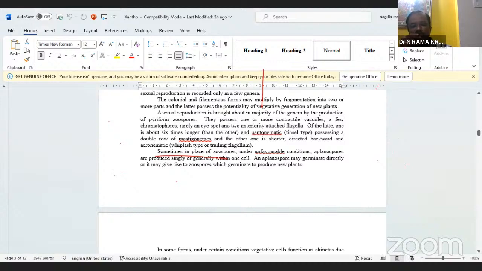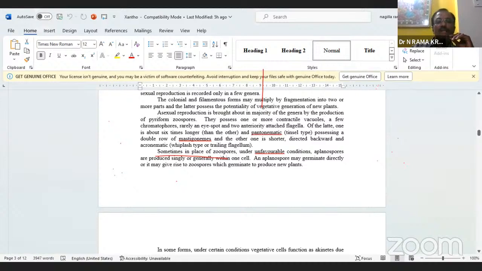A few Vaucheria plants are marine, growing in tidal zones and mud regions. Terrestrial species form green mats on damp soils. The majority of species are commonly represented in temperate regions, especially in situations like wastewater. So these are all the occurrences of Vaucheria.